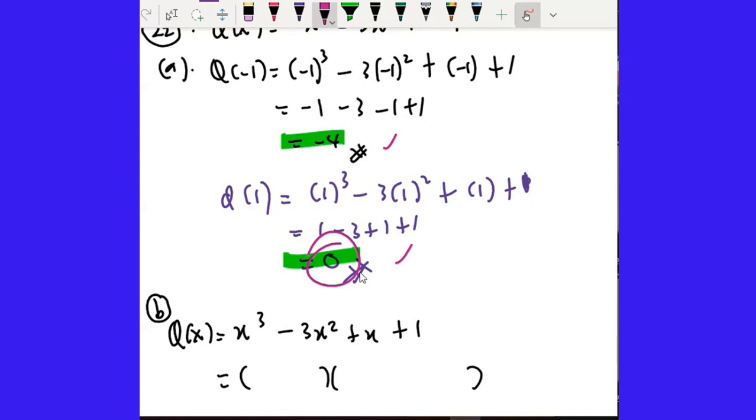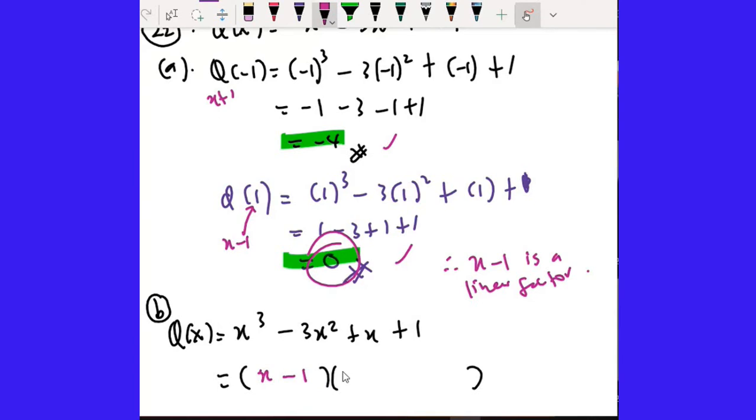Factor is x minus 1. X minus 1 is a factor. So one other factor is x minus 1. This one is x plus 1, right? X minus 1 is one of the factors.